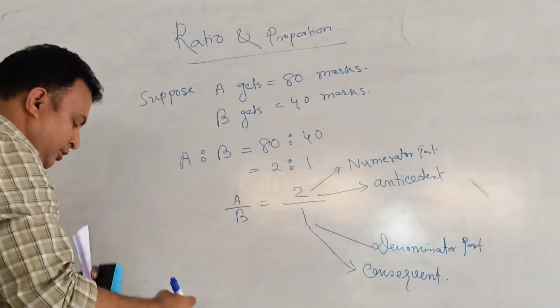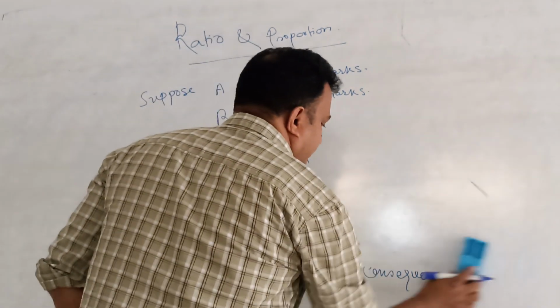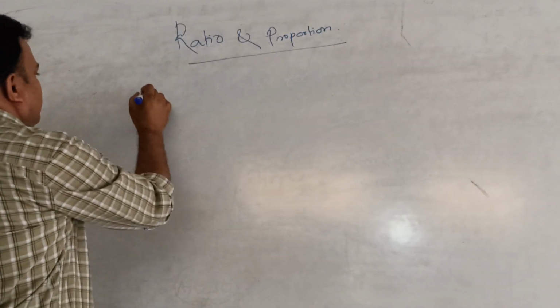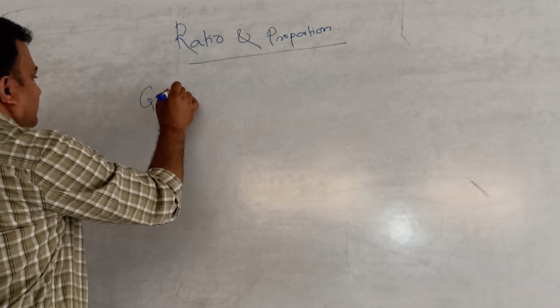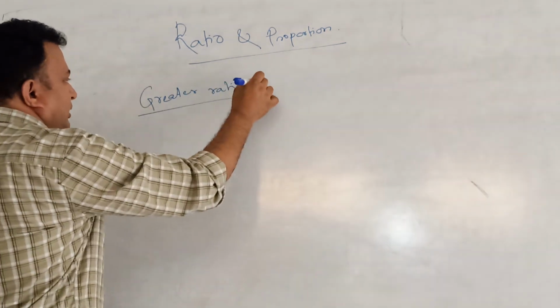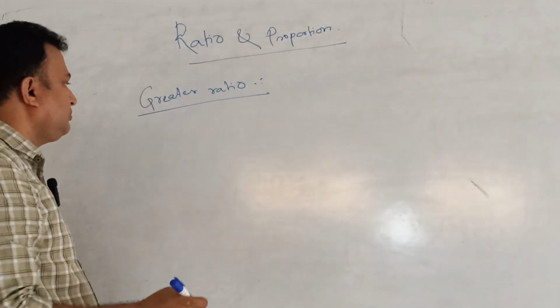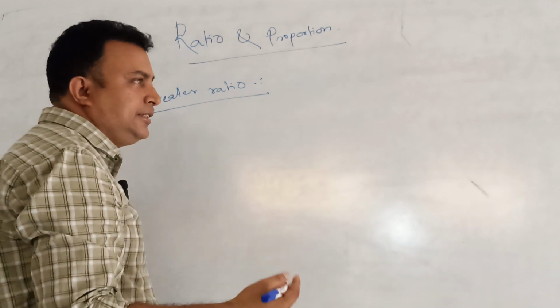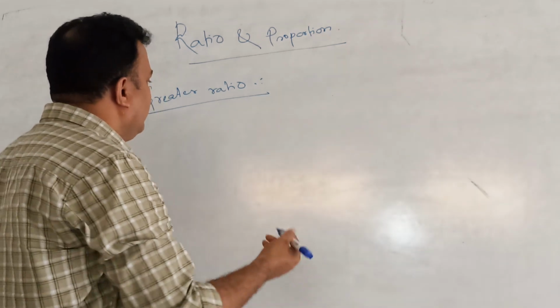So what is greater ratio? Greater ratio, if the numerator part, that is antecedent part, is greater than the consequent part.